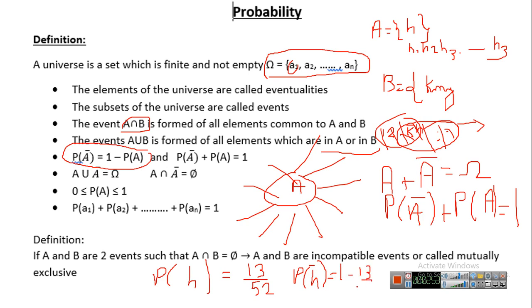It will be the rest of the cards, which is 39 over 52. Probability is always between 0 and 1. And what's the probability of picking any card from the 52 cards, heart 1, heart 2, club 1, all of them? It is 1.